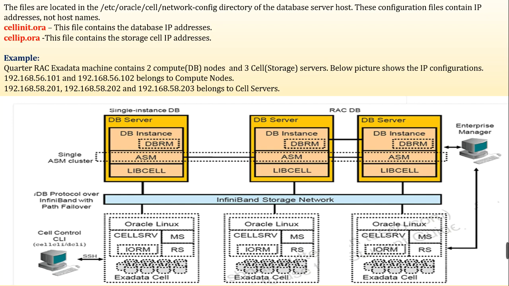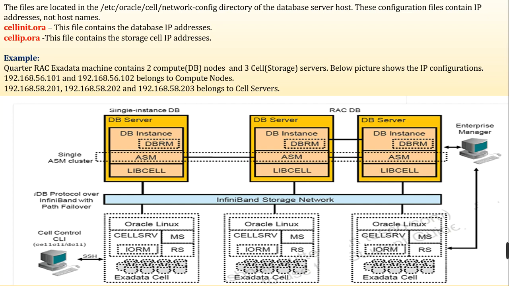I have provided some IP addresses like 192.168.56.101 and 192.168.56.102, which belong to compute nodes. Coming to the cell servers, 192.168.58.201, 192.168.58.202 and 192.168.58.203 belong to cell servers. So this is a single instance DB server and this is a RAC DB. You can see a single ASM cluster and RAC DB ASM.